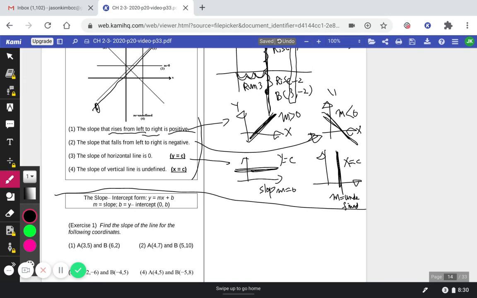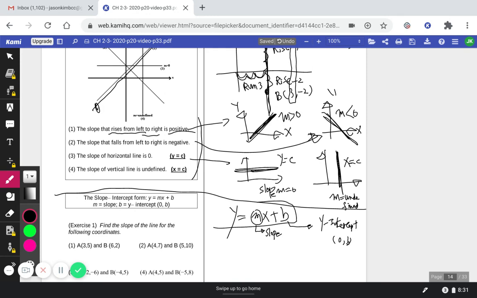Now also in general, we've been practicing when you have 2 points, right? What if they don't have 2 points? What if they give you slope intercept form? Slope intercept form means y equals mx plus b, right? Then the number in front of x is always slope, and b becomes the y-intercept, 0 comma b.